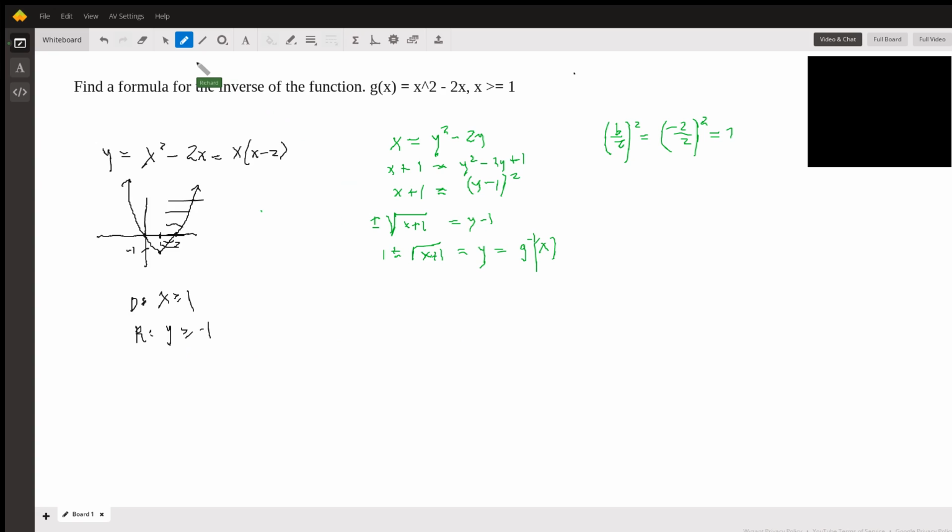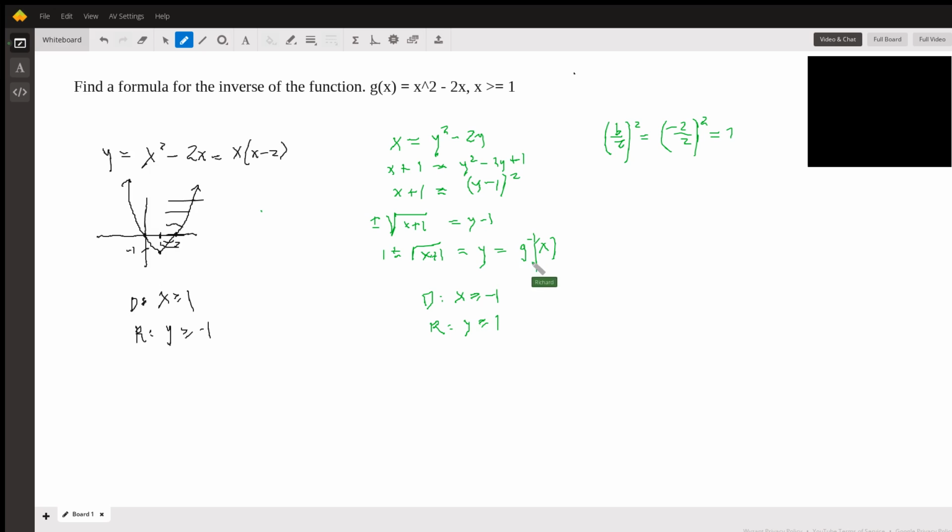So now here in green, the domain of this inverse is x greater than or equal to negative 1, and therefore the range is going to be y greater than or equal to 1.